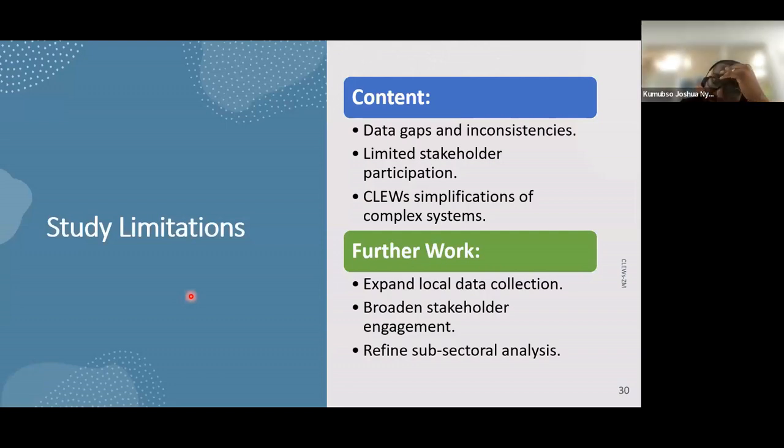So the further work in this regard includes expanding local data collection, broadening stakeholder engagement, and refining sub-sectoral analysis. Because using the global agroecological zones, I managed to extract, using the GitHub code, relevant insights at provincial level, but there was no time to find data that is telling for other closed resources.